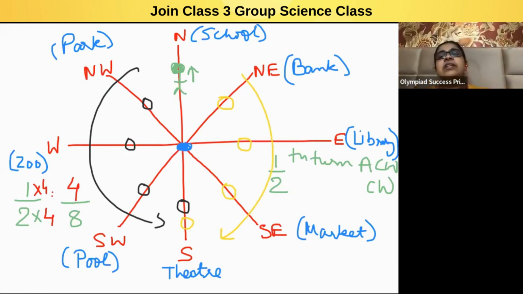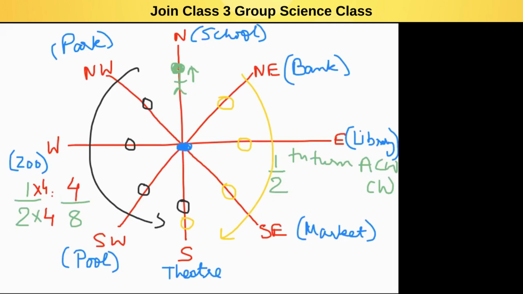So half means, yes, correct, Meera. 1 by 2 means half turn, and half turn will always take you to the opposite. So no matter wherever you are, in whichever direction you are traveling, clockwise or anti-clockwise, the half turn always means the opposite, ulta. Okay?